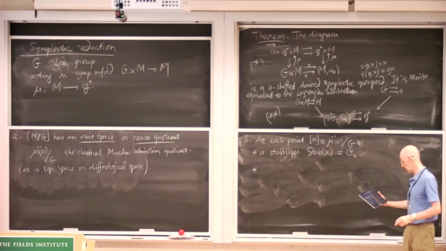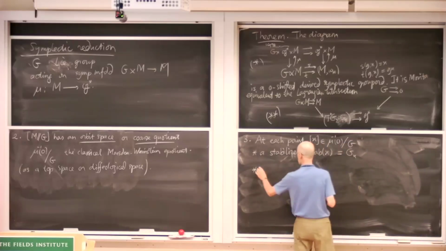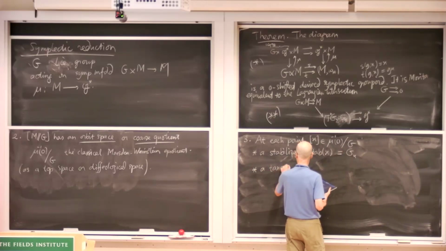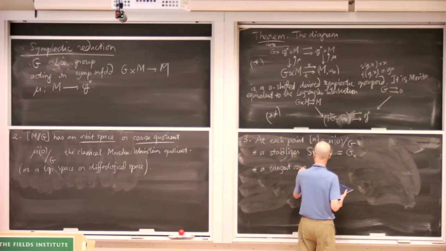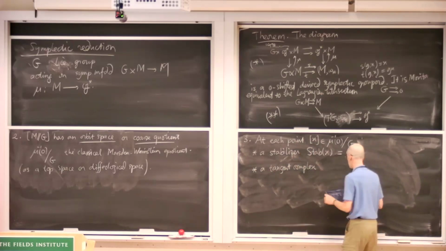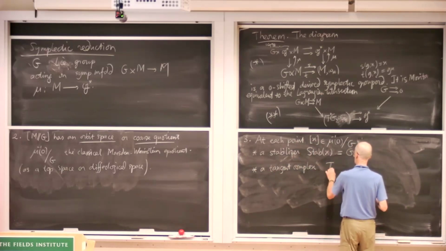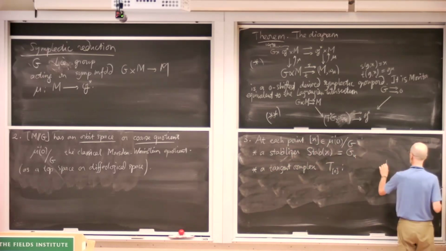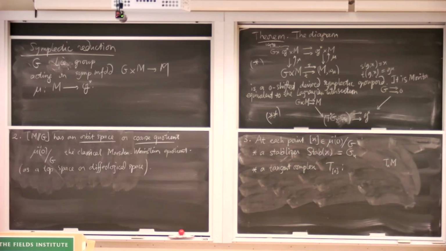And then more importantly, a tangent complex, kind of a stand-in for a tangent space. It's a cochain complex, which in the middle has the tangent space to the symplectic manifold.